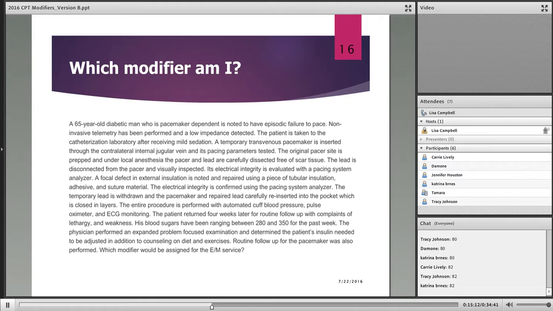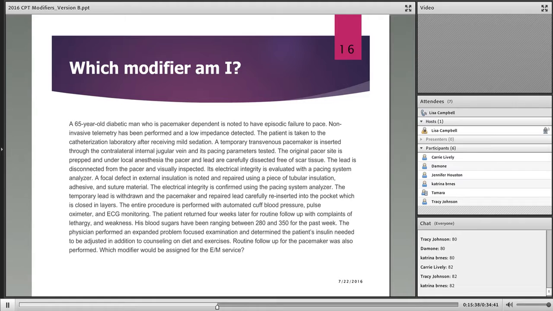A temporary transvenous pacemaker is inserted through the contralateral internal jugular vein and its pacing parameters are tested. The original pacer site is prepped, and under local anesthesia, the pacer and the lead are carefully dissected free of scar tissue. The lead is disconnected from the pacer and visually inspected.